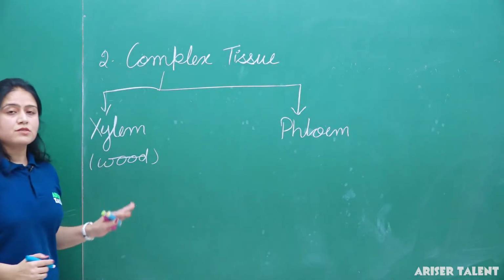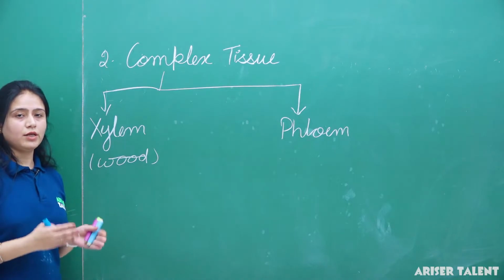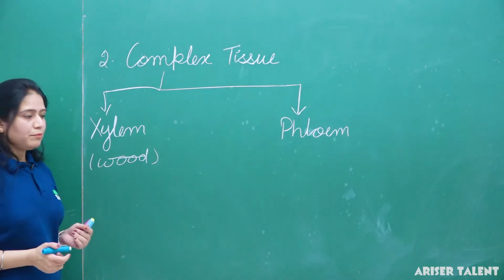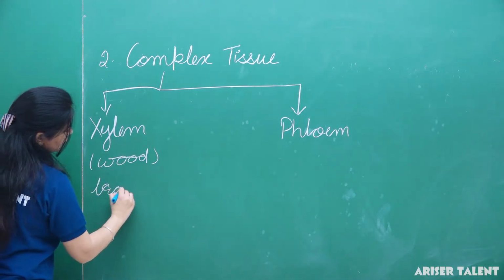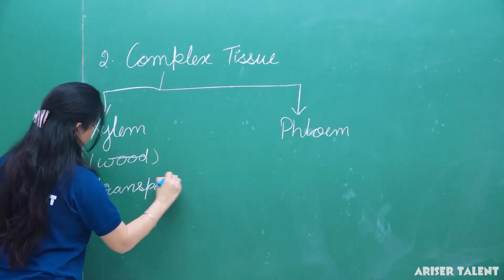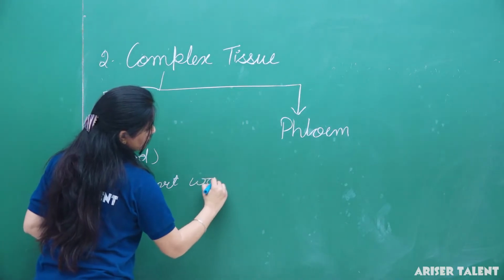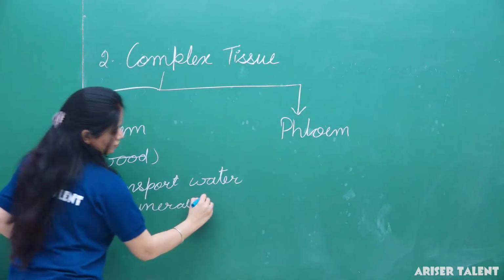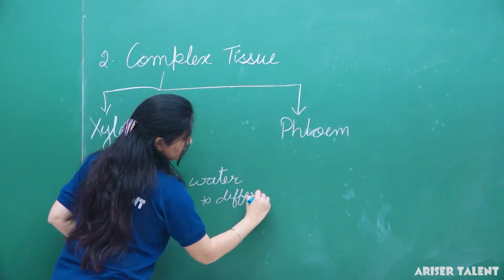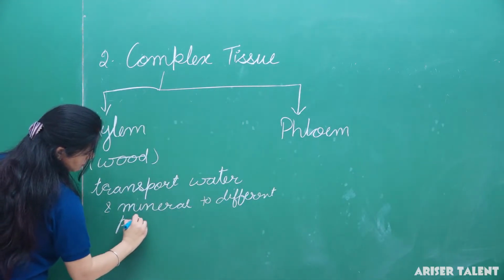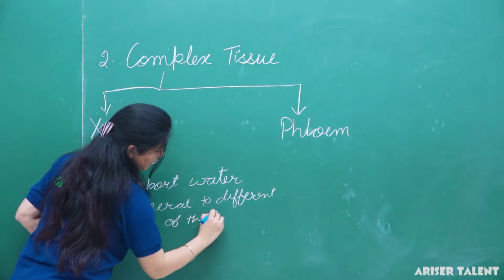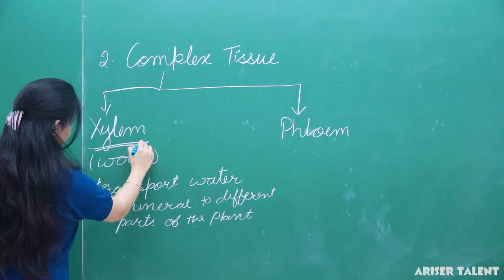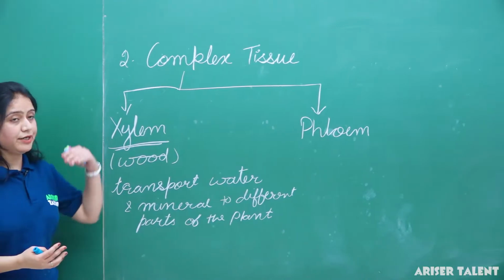It transports liquid materials, meaning it takes water and minerals from the root and carries them upward to the different parts of the plant.